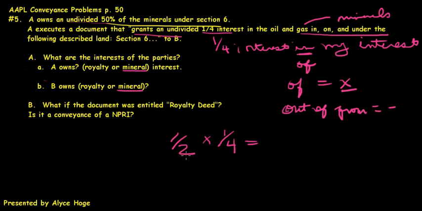When we're multiplying fractions, we just multiply straight across. We don't have to do anything with the lowest common denominator. So 2 times 4 is 8. 1 times 1 is 1, I'm sorry. So B is going to own this 1/8 mineral interest.